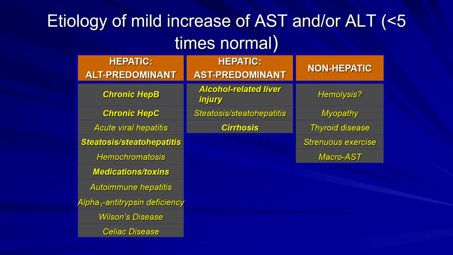For the sake of understanding, I have divided increases in transaminases into mild, meaning that the increase is to less than 5 times the upper limit of normal. So we're talking about an AST or ALT of 75, 100, 150, in that range.